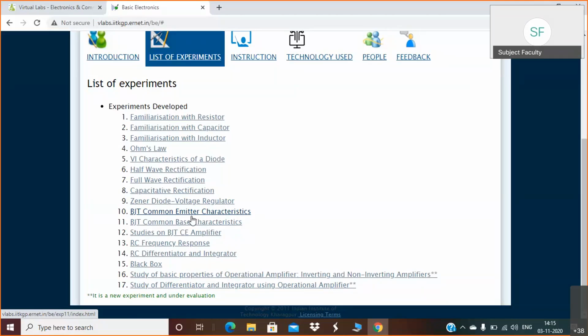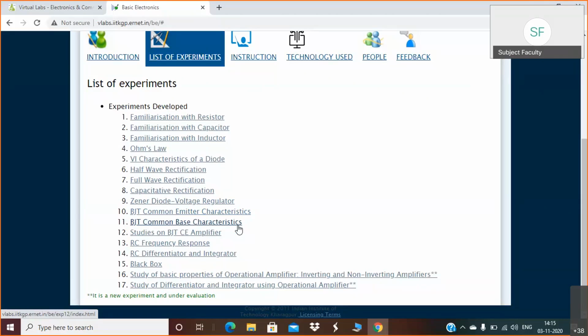We have already discussed this in an earlier session, right? What are input characteristics, output characteristics, and so on. So this one we will see, practical number 10, serial number 10, BJT common emitter characteristics.